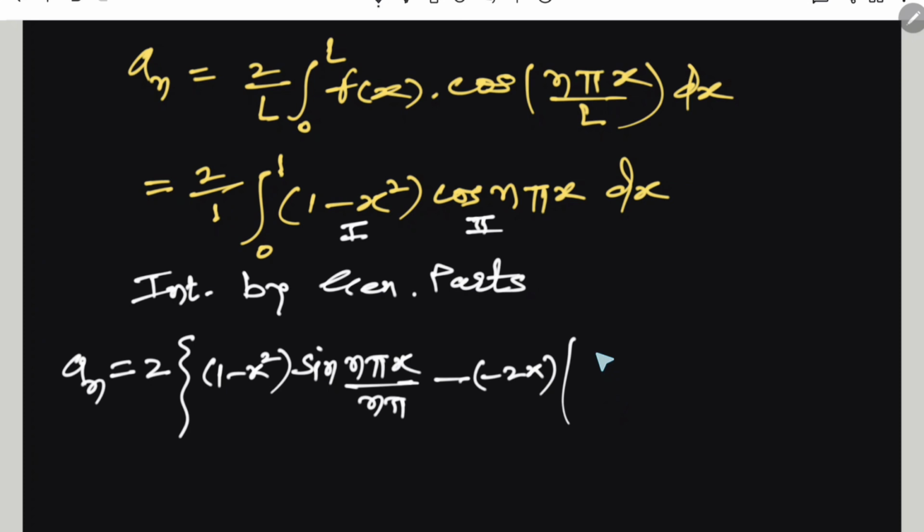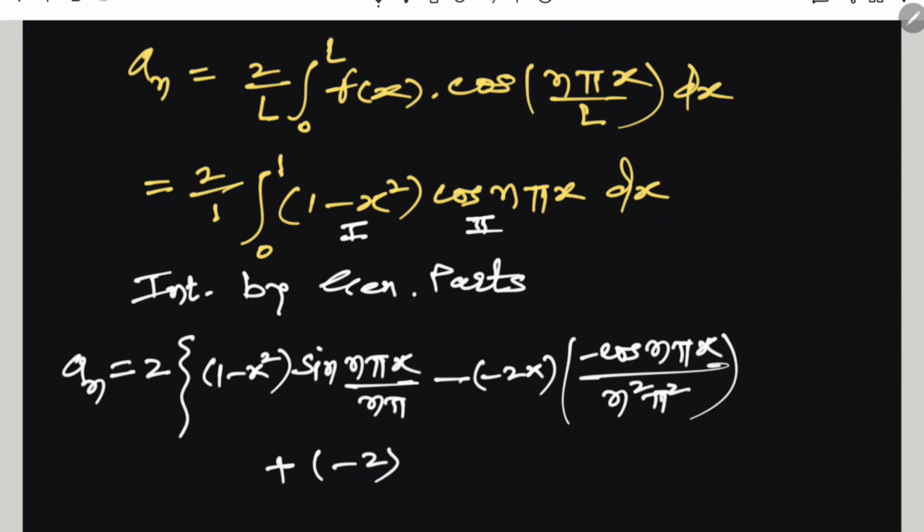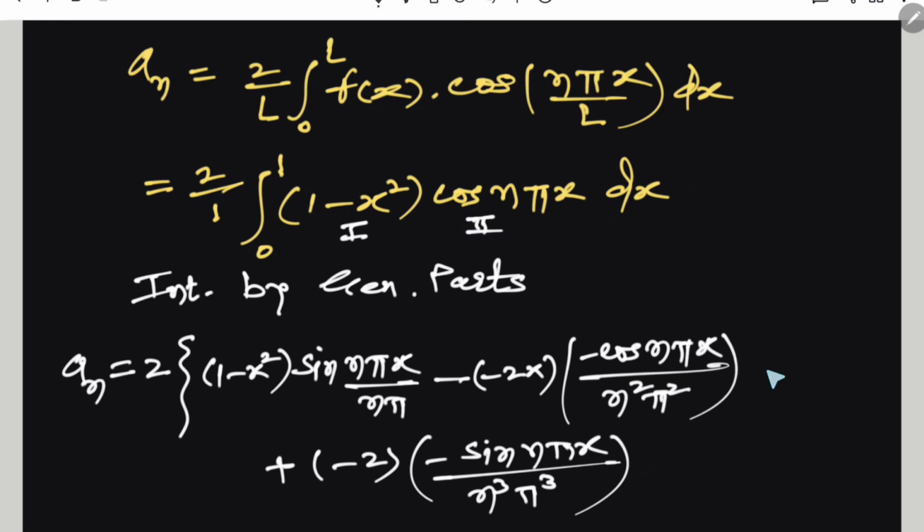Next integration of sine is minus cos n pi x divided by n square pi square. Then plus the derivative of minus 2x, which is minus 2, and integration of cos is sine with that minus sign, therefore minus sine n pi x divided by n cube pi cube, bracket close, outer bracket close, and limits from 0 to 1.